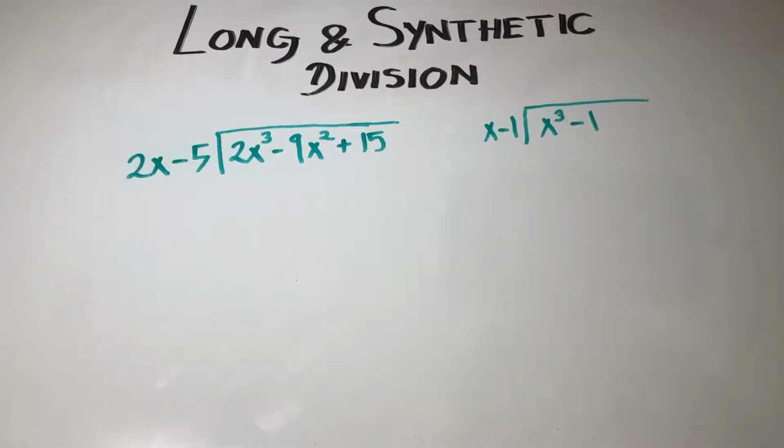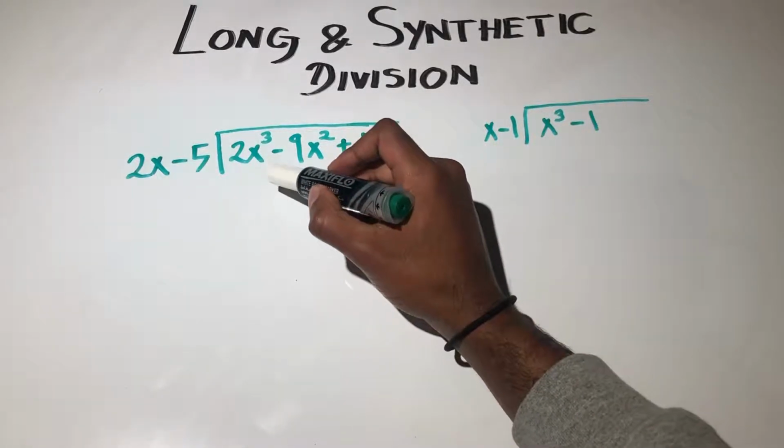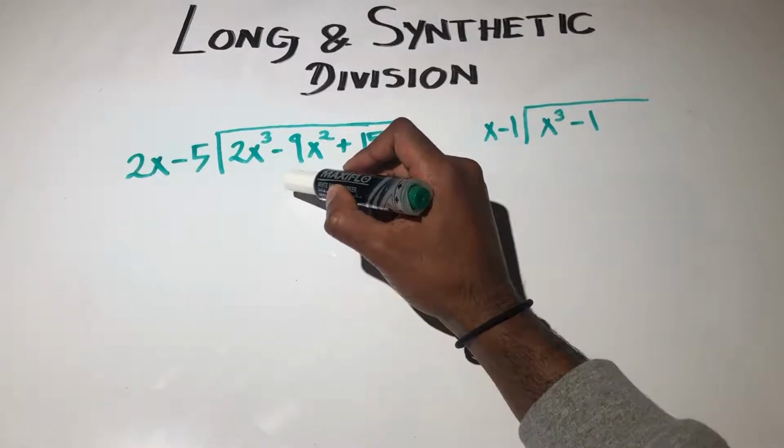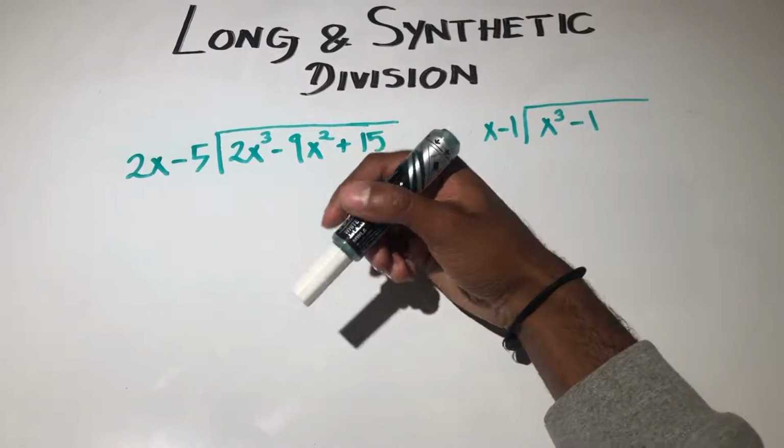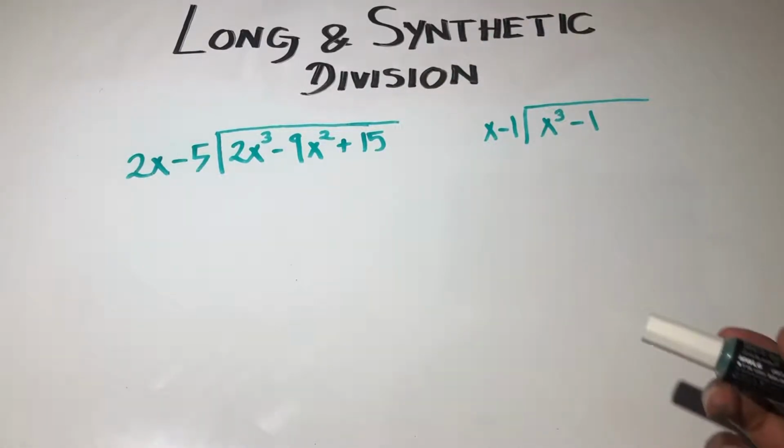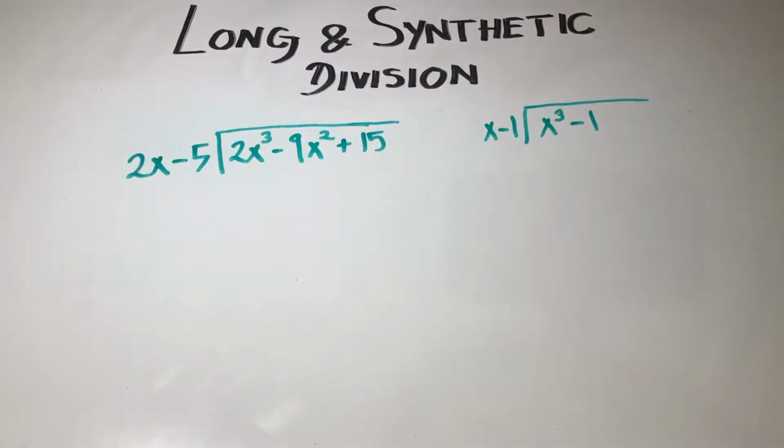We have 2x cubed minus 9x squared plus 15 divided by 2x minus 5. Now, before solving this problem, you have to make sure that every possible exponent appears in the dividend. If you have a polynomial with a very high degree, for example, let's say to the power of 5, you must make sure that the dividend contains all the powers from 5 all the way down to 1 before applying division.